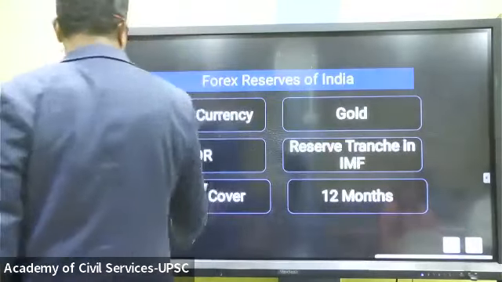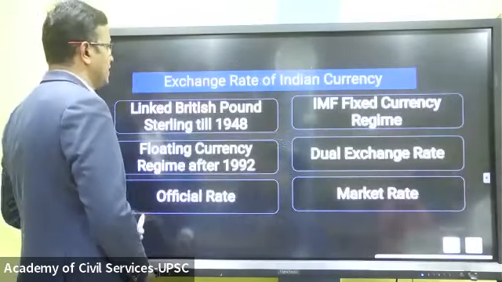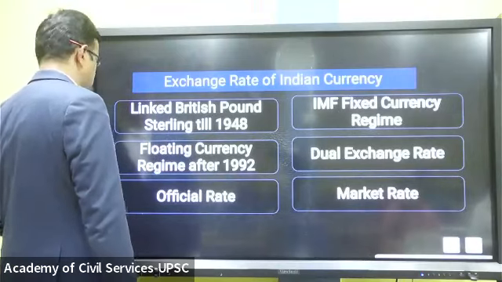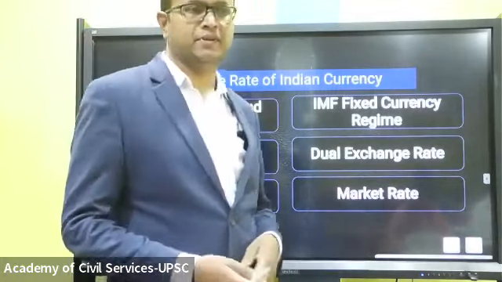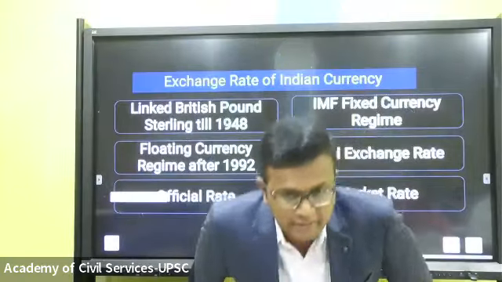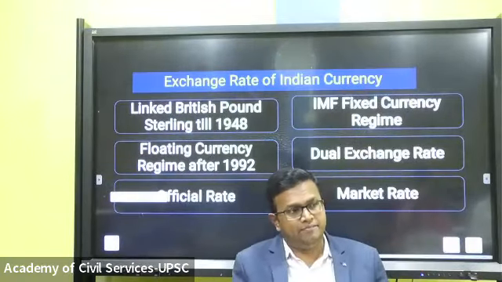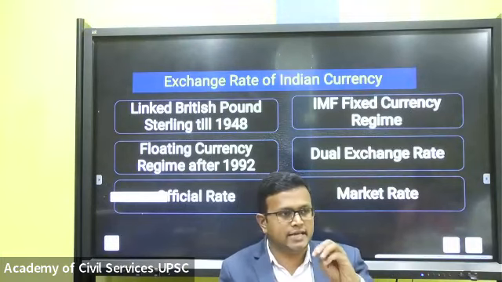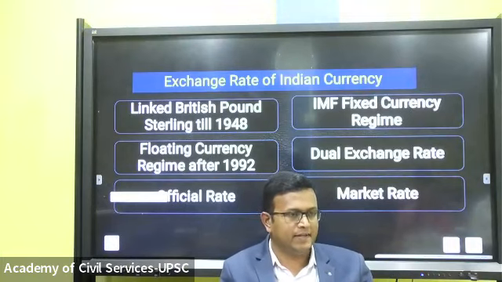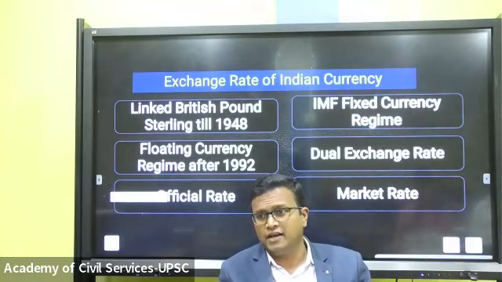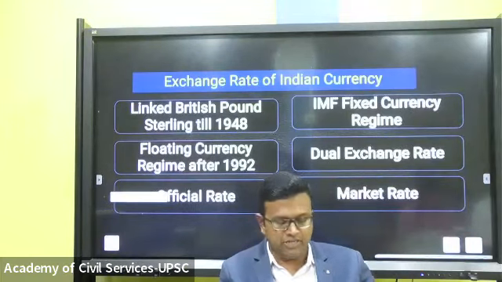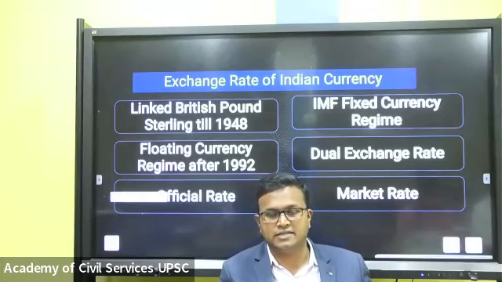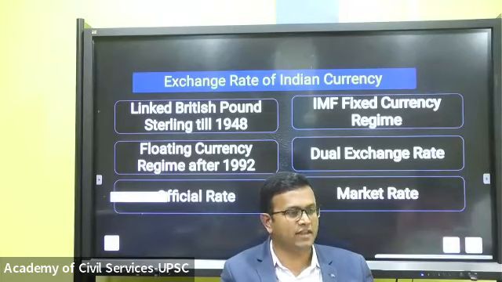The next point we are discussing is the exchange rate of Indian currency. How is the exchange rate decided? Definitely, there are multiple ways in history how the exchange rate was decided. Earlier, before 1973, IMF, International Monetary Fund, was deciding the exchange rate of every currency.